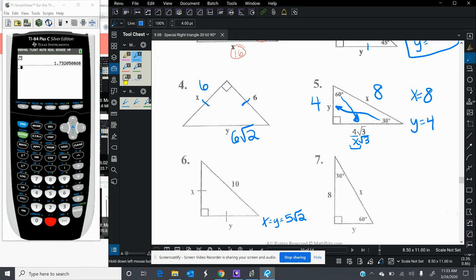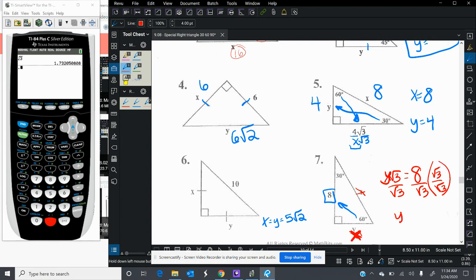And for this last example, this 8 is opposite the 60 degrees. So here we take x radical 3. Now again, I'm not thinking of that as the x value. The x I'm thinking about here is the measure opposite the 30-degree angle. So it's really going to be our y. So let's say y radical 3 equals 8. And of course, we divide by the square root of 3 and then rationalize.